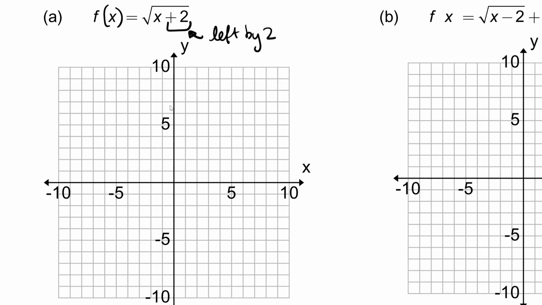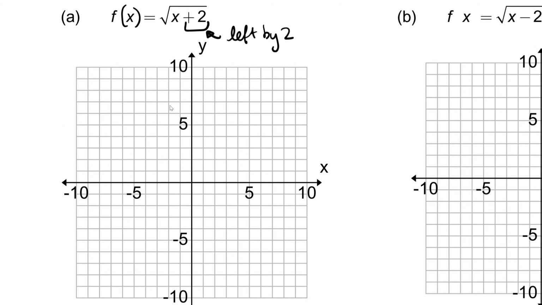Left by 2. If it's inside our square root, or inside the absolute value sign, or when we had x plus 2 squared, if it's inside the square or the square root or the absolute value, it's left or right.